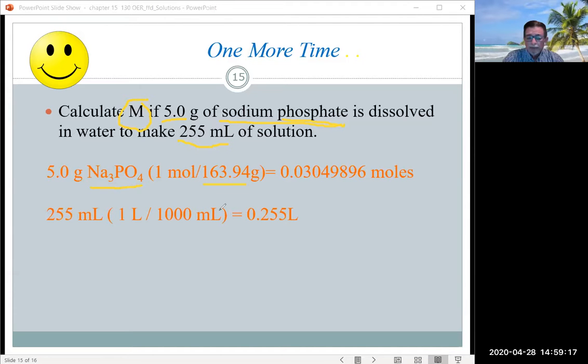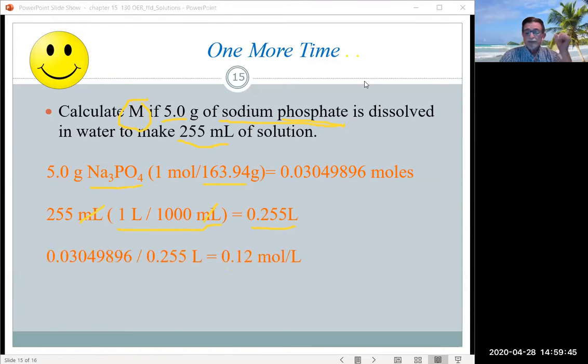Again, another ratio, keeping track of my units. Milliliters cancel. Now, if you remember, you can just simply move the decimal point over three decimal places, but if not, use your conversion factor to get you to 0.255 liters.